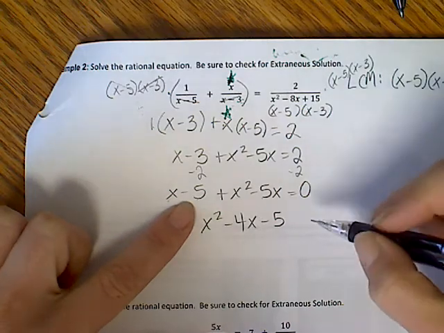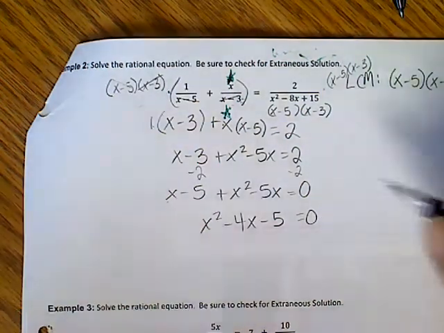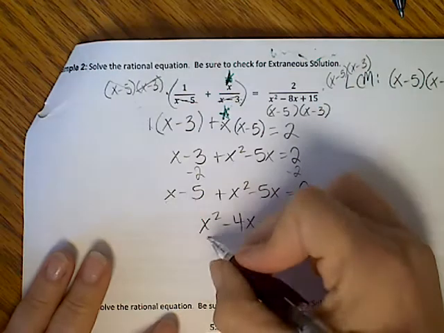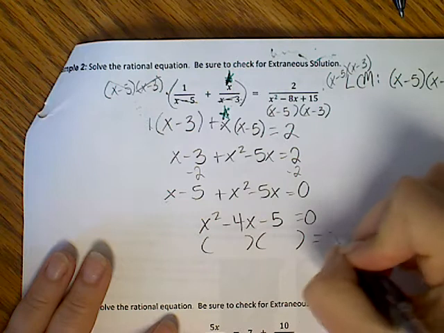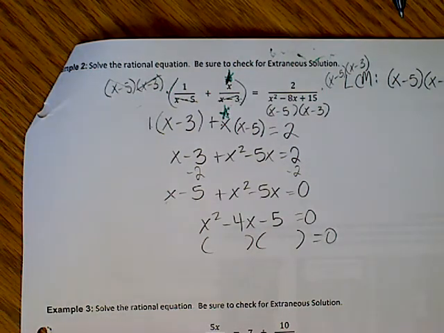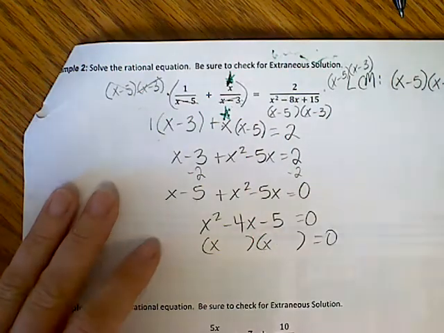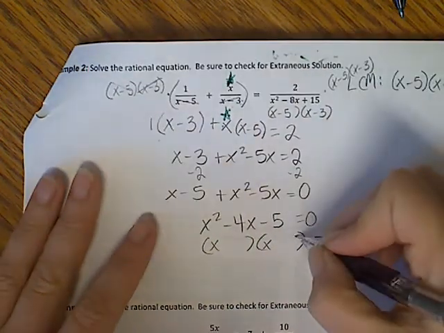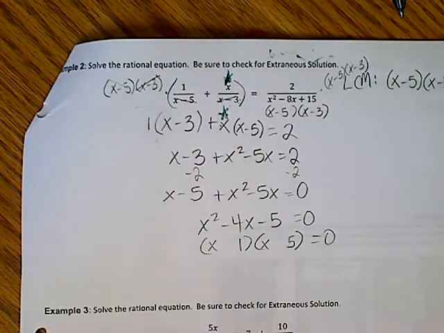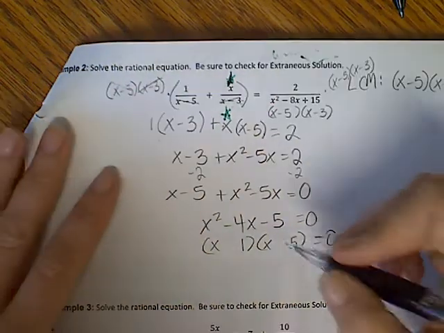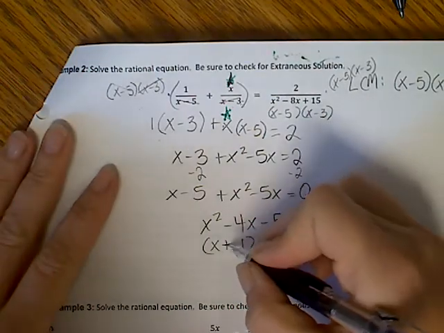Then this negative 5 is my constant at the end. So now I'm going to factor that. 5 and 1, right? But how is it going to work? Well, negative 5, positive 1.